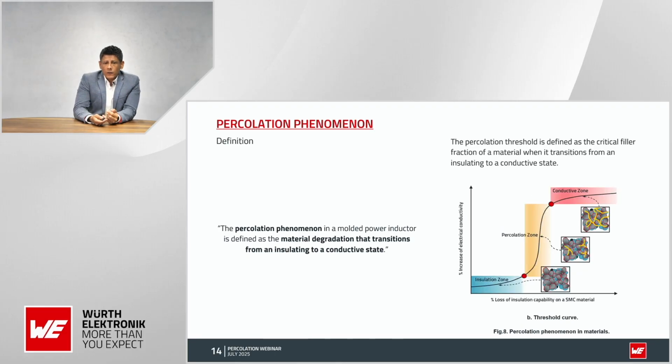Percolation is something that is related with materials, and we have an insulation zone where everything performs as expected, but at one point, once we have those small short circuits, then the percolation networks start, and at one point they are so many that they jump to the conductive zone. And that is the phenomenon itself, and it can be used for civil engineering, for another kind of plastic material, whatever kind of things that deal with metals, with conductive materials.